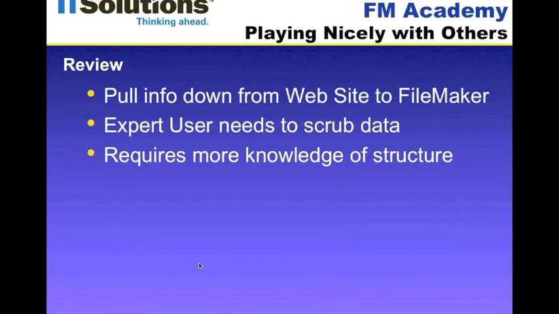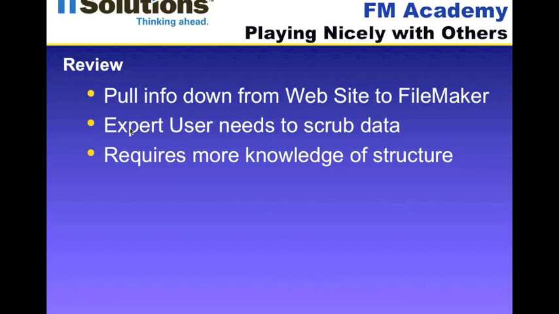So to review, we were able to pull down information from a website into FileMaker. In order to do this, I used ESS because I needed to use the native FileMaker tools because there were no native APIs available to me. There's really no substitute for having an expert user scrub your data. Make sure it's appropriate.